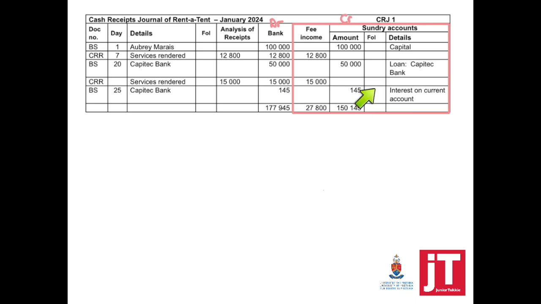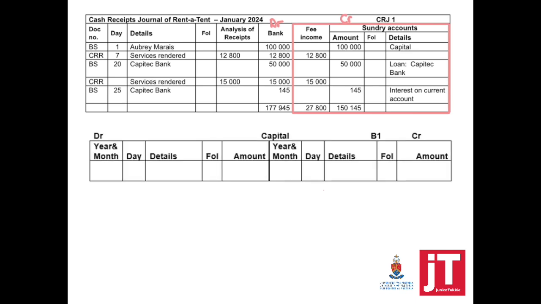And when we're posting sundry accounts, we never ever take the total, 145,000 in this case, and post it somewhere in the general ledger. We have to post everything inside sundry accounts, capital, loan, and interest on current account. We have to post that individually to their ledger account on the day on which the transaction took place.